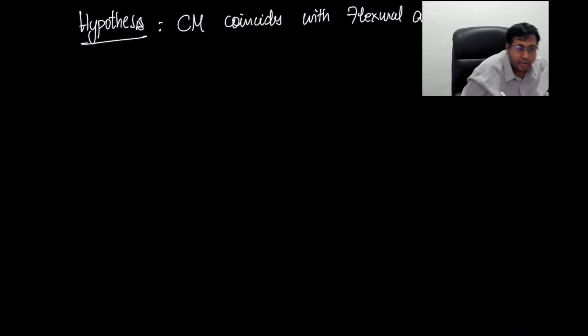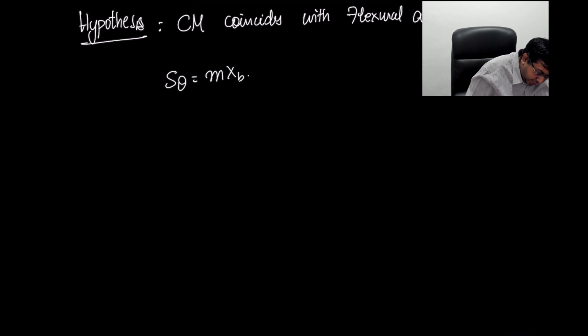Center of mass coincides with the flexural axis. If you remember, we said that our S theta is nothing but m times x times b times a. So that is nothing but m into p into x into a.